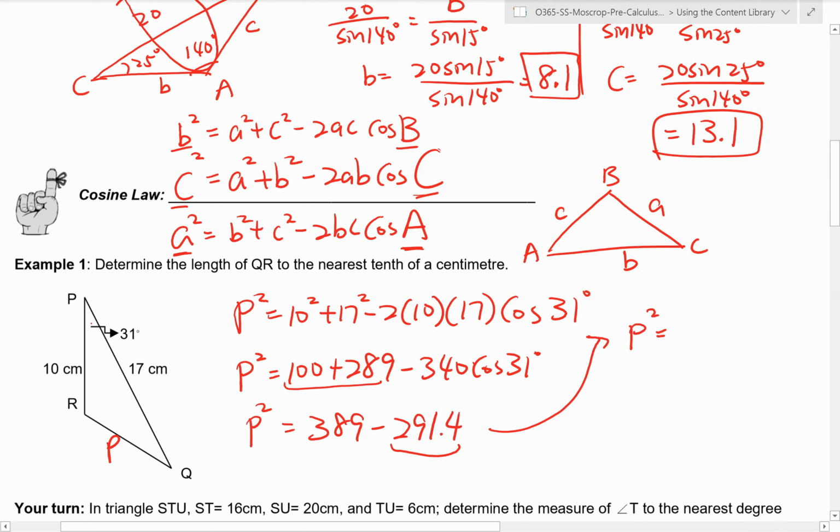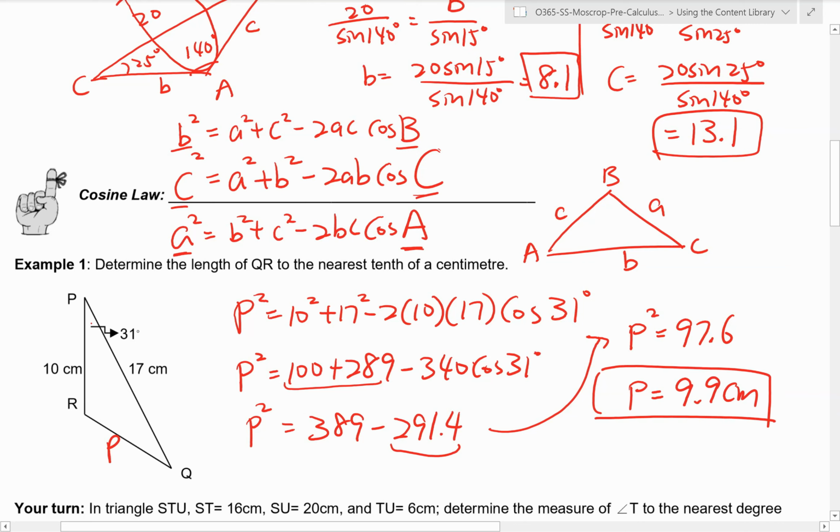So then you go 389 minus the answer, and you should get 97.6, and then you can square root both sides. Square root answer, you should get 9.9 centimeters to the nearest tenth. So that's how you use cosine law.